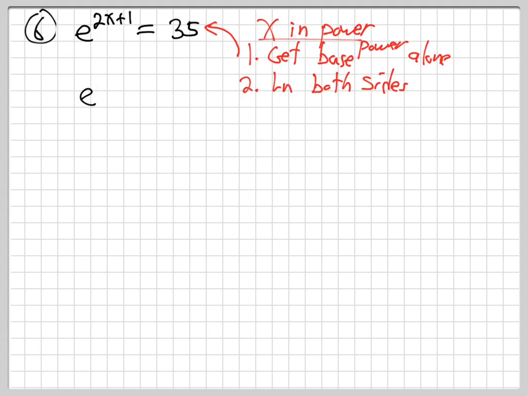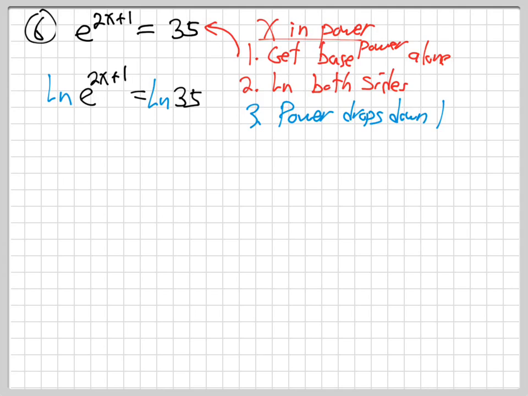Whoops, it's 2x, isn't it? So we ln both sides. All right, and you know step 3, the power drops down to the front. So this power drops down to the front.